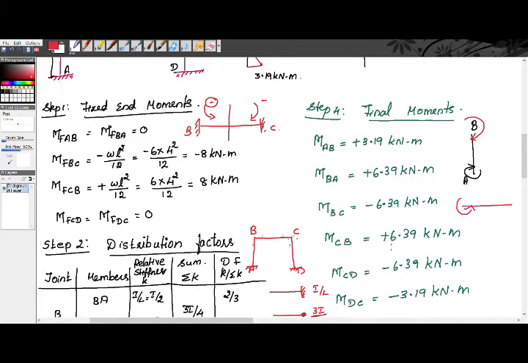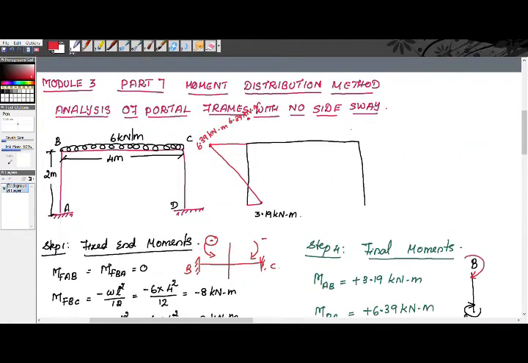For CB, it is plus. You will draw a clockwise moment. It is pointing towards the up. So it is plus 6.39, 6.39 kilonewton meter. So for the span BC, it is like this.